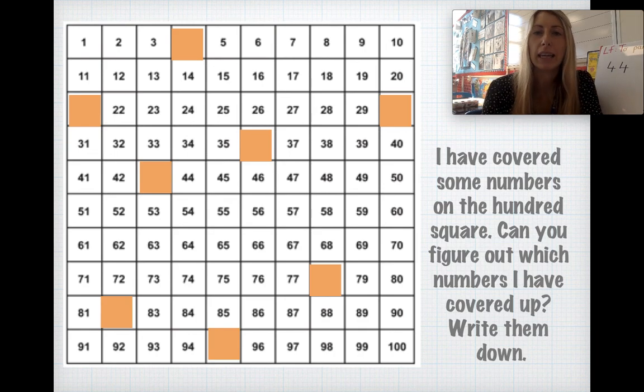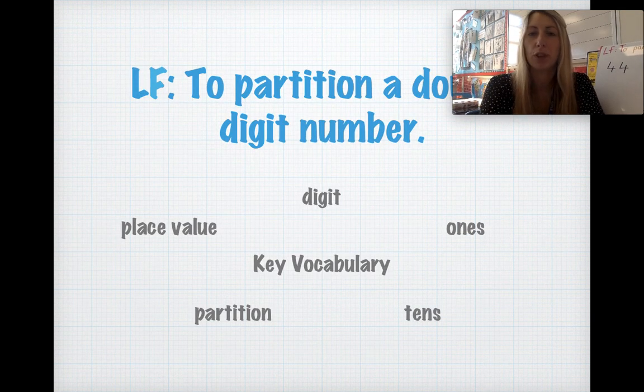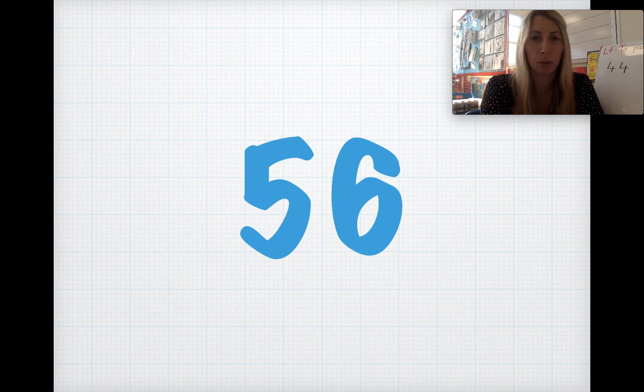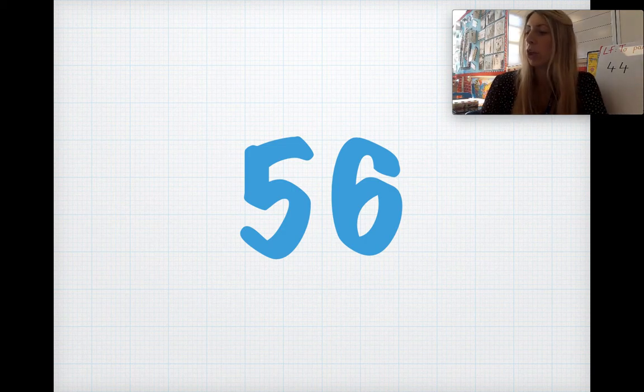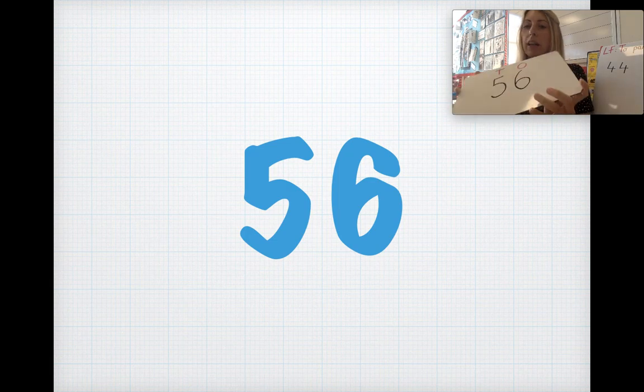Now let's recap on our partitioning. So our learning focus is going to be to partition a double digit number. So here's our double digit number here. We've got 56. Now we're going to be talking about what 56 represents and what it is made up of and what each of those digits are worth, what's their value. So you might have seen 56 written like this in class.